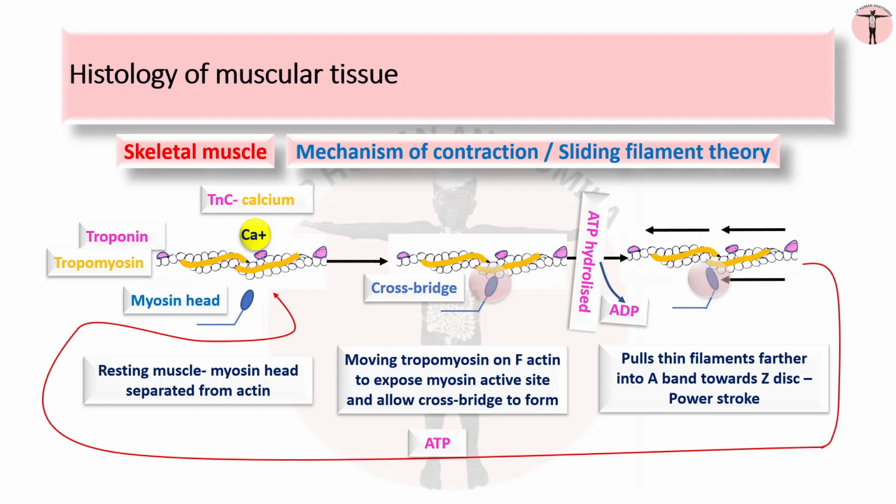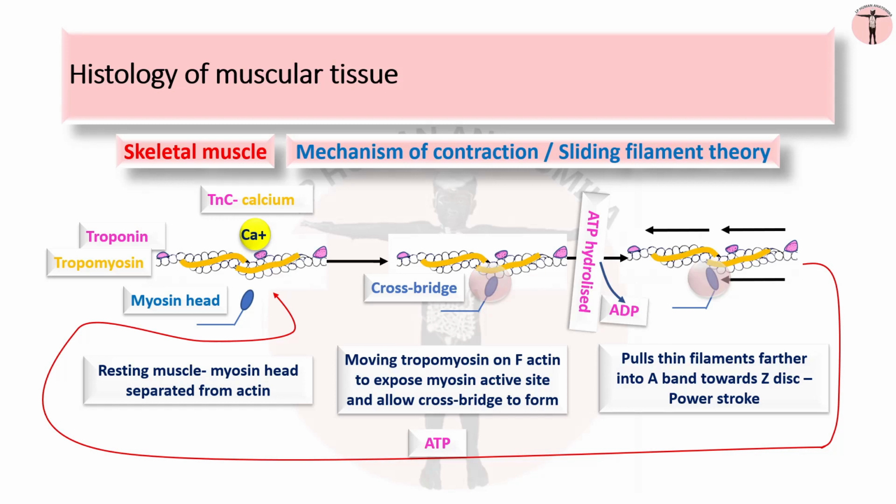In the continued presence of calcium and ATP, this attachment, pivot, detachment events occur in a repeating cycle, each lasting about 50 milliseconds, which shortens the sarcomere and contracts the muscle. A single muscle contraction results from hundreds of these cycles.